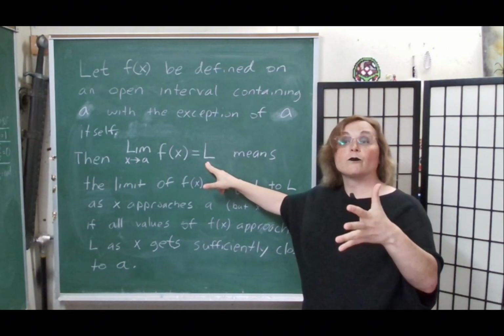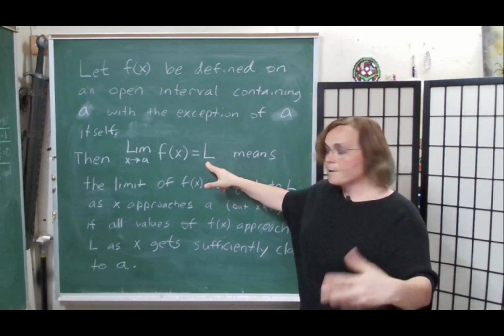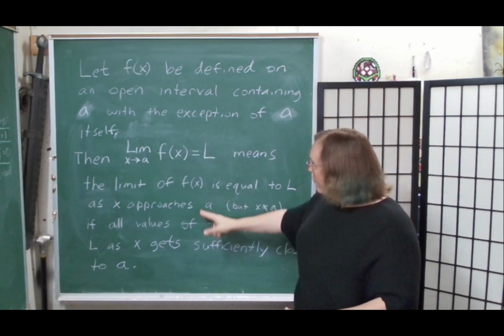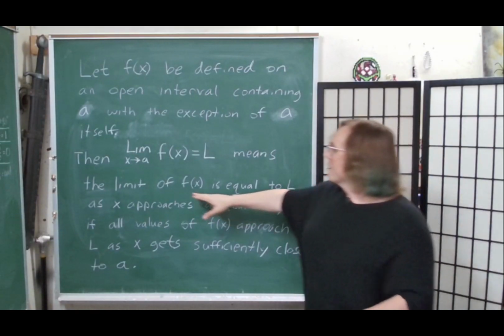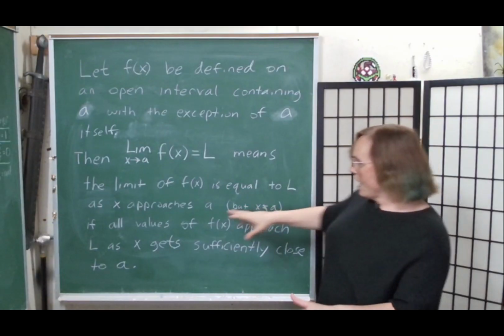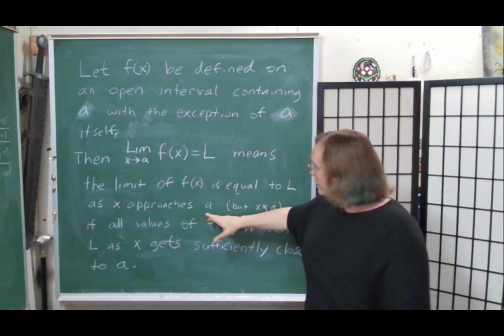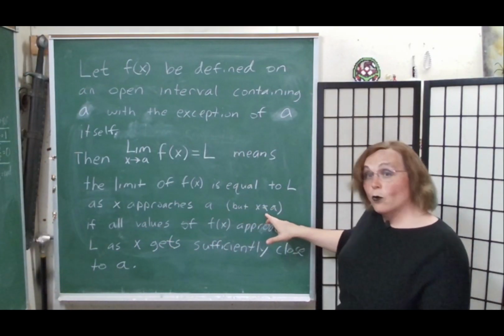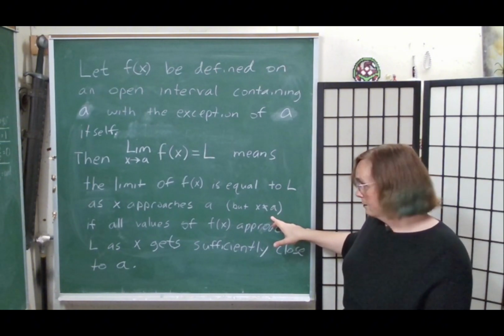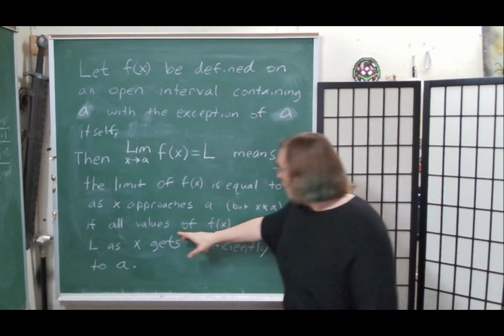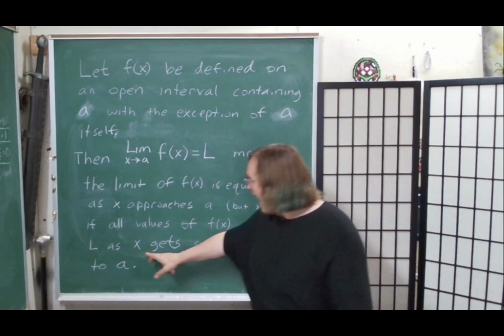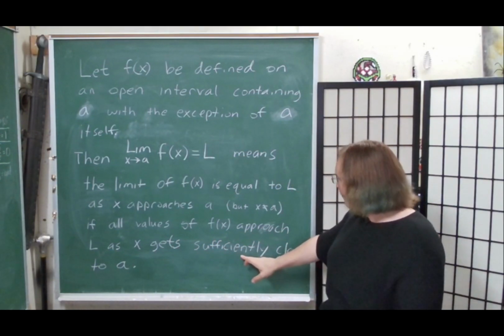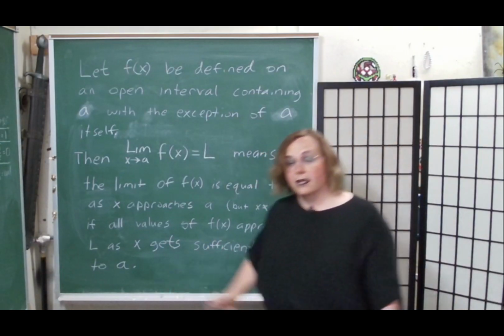For us, it was 49, okay? So the limit of f of x is equal to L as x approaches but is not equal to a, if all values of f of x are approaching L as x gets sufficiently close to a.